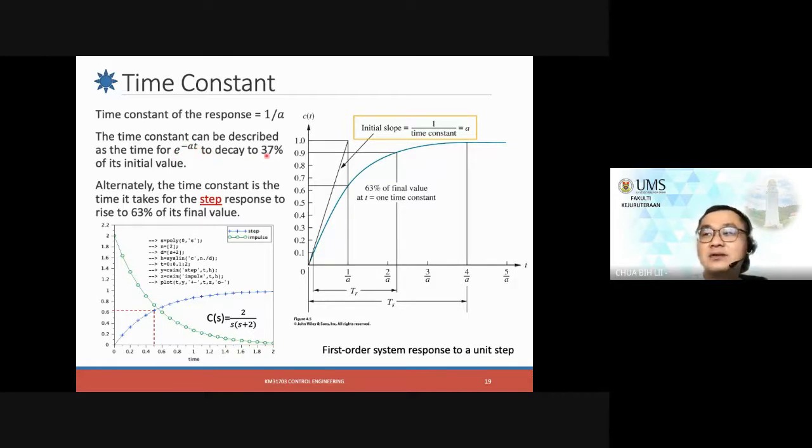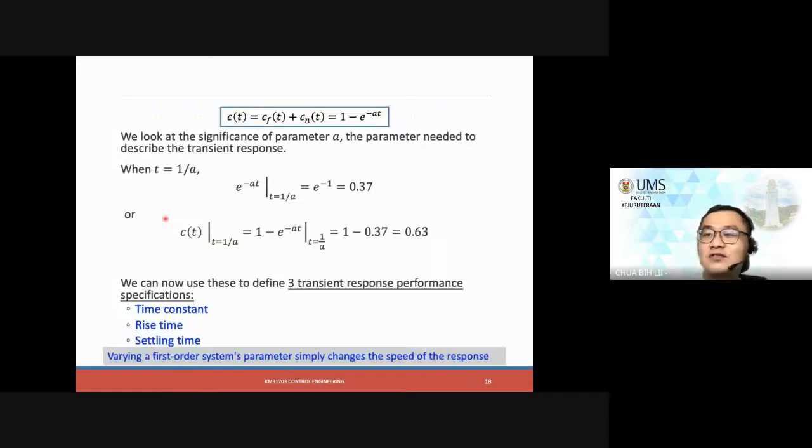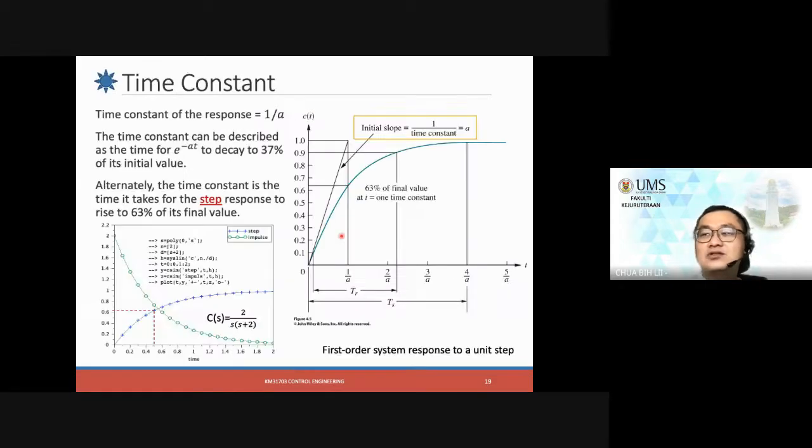Just like our previous equation, or correspondingly, it has risen to 63% of the final value, because our final value is 1. So it has already increased 63%. What it means is that this is our performance of, let's say, the first order equations.